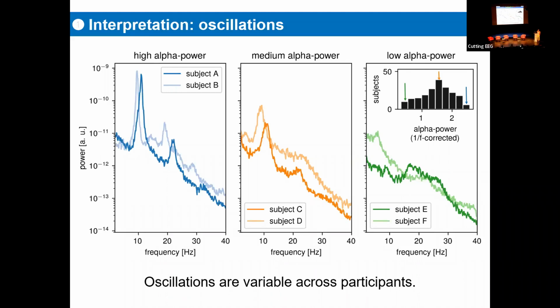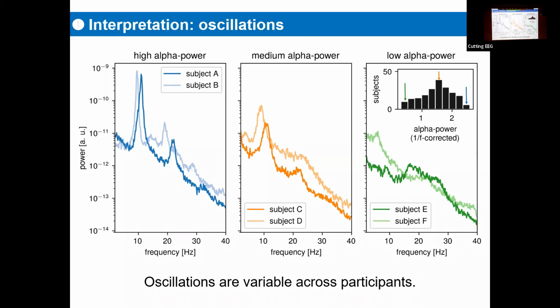And here are more the average participants, where the peak is substantially smaller. Remember that this is in log space. And there are some participants for which we cannot really identify a peak in this frequency range. But there's still some signal remaining.